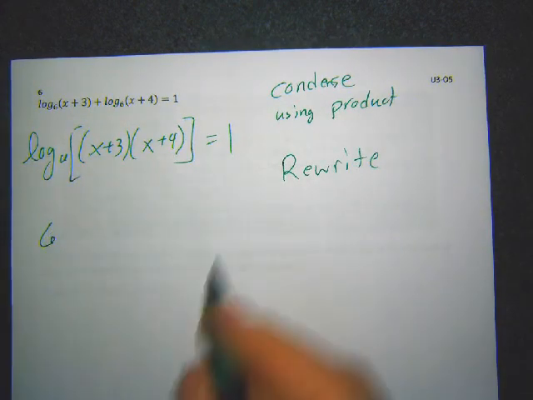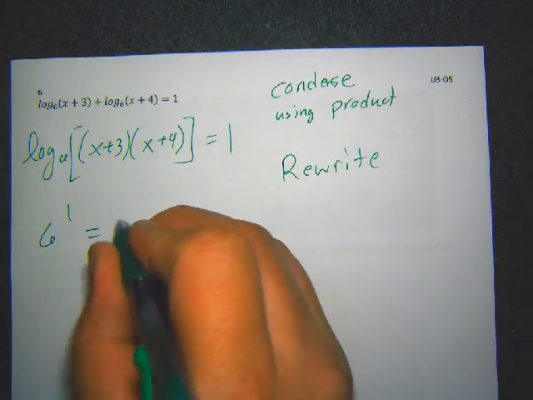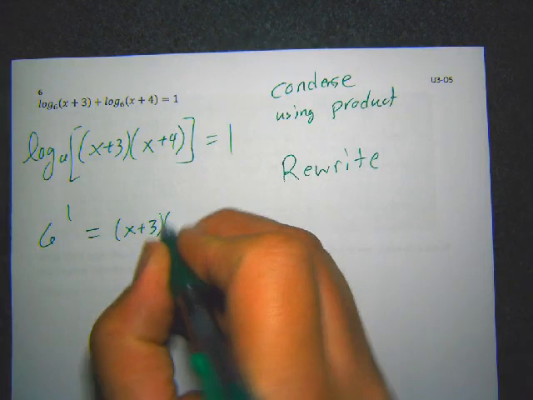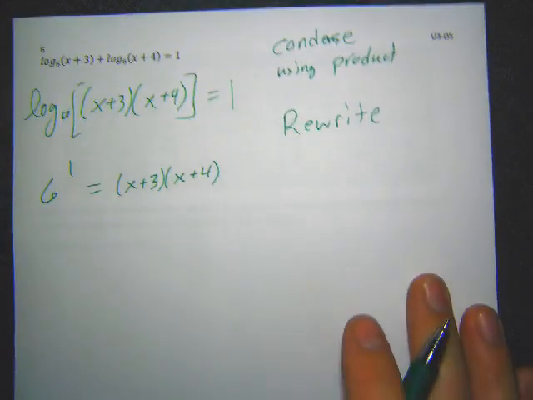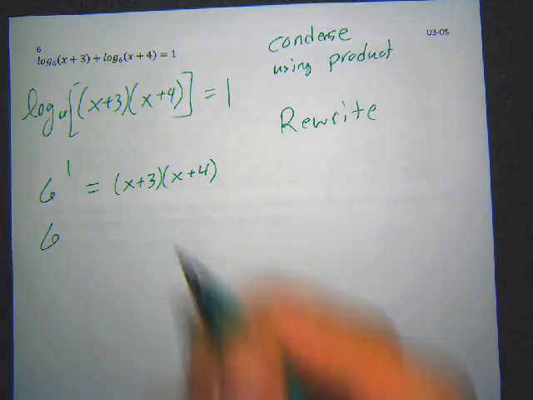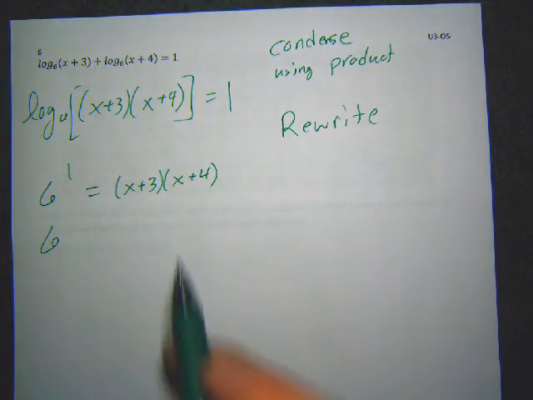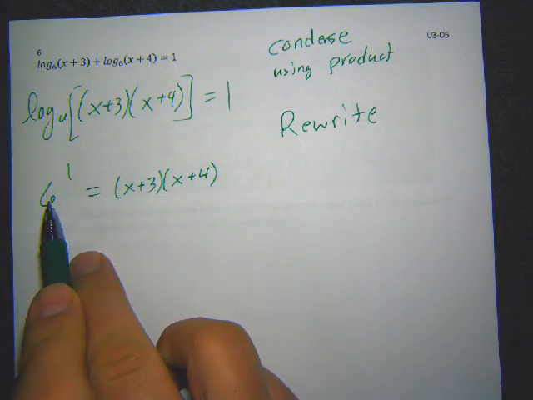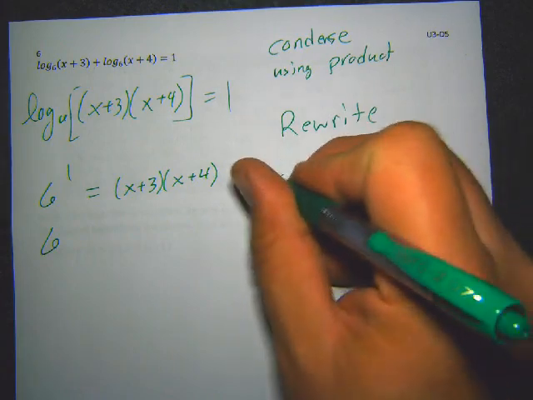That's our base. The power is 1, because the answer to our log is 1. And the result we get is x plus 3 times x plus 4. That's our result. Okay, 6 to the first is just 6. We're going to leave that alone. Over here, this is factored, but it doesn't work to have it factored if it's equal to a number other than 0. So this right here, we actually will have to multiply out. So we're going to FOIL that.